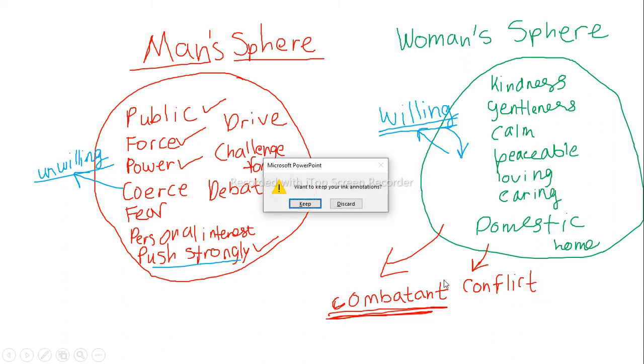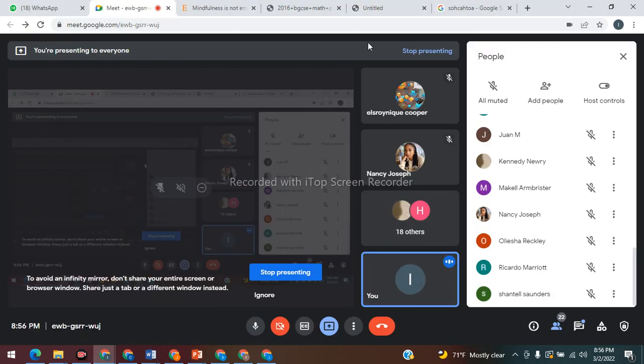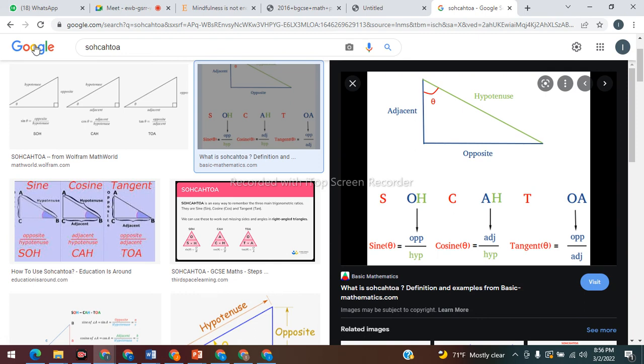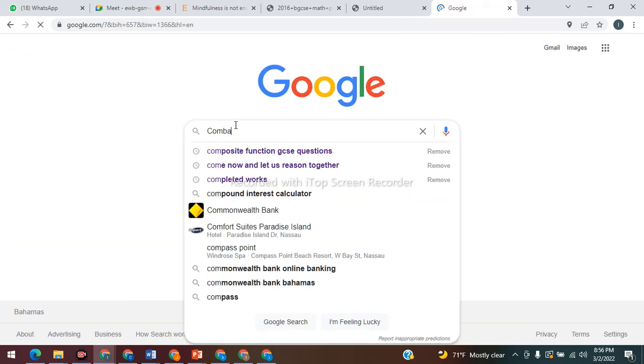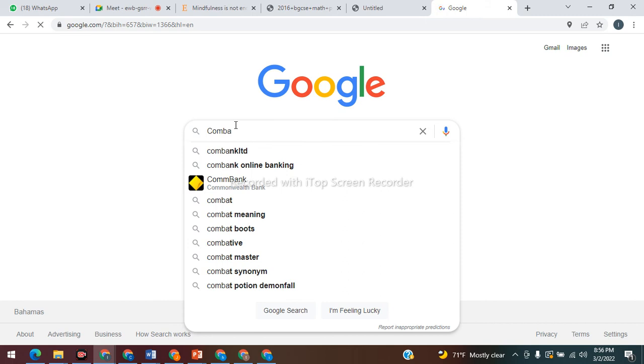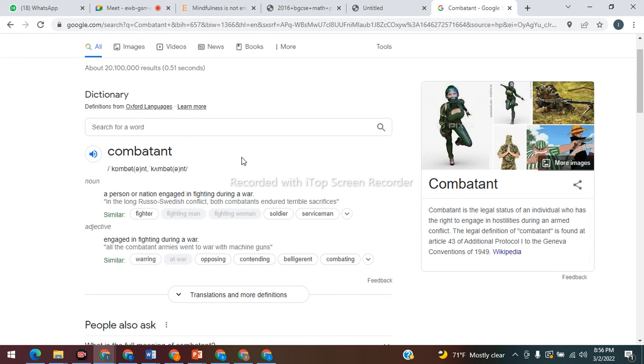All right, proper definition of combatant. Combatant: a person engaged in fighting during war.